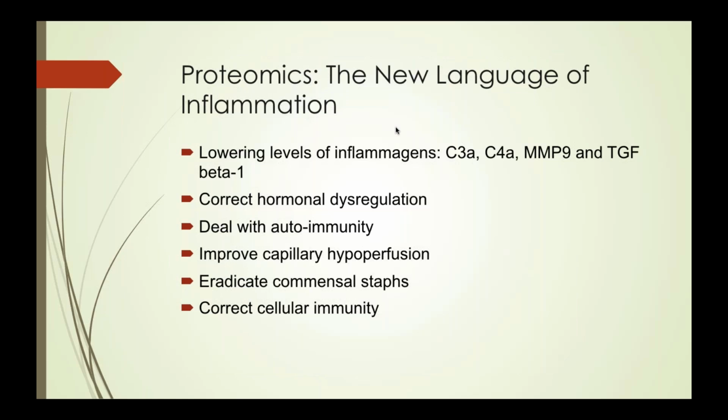So in addition to the visual test and the symptoms and the HLA, we also have our whole set of proteomic markers that reflect the broad inflammation being generated within the innate immune system. The inflammagens that are produced might be ones that you haven't heard of before. C3A, C4A. Those are from the alternate complement cascade.